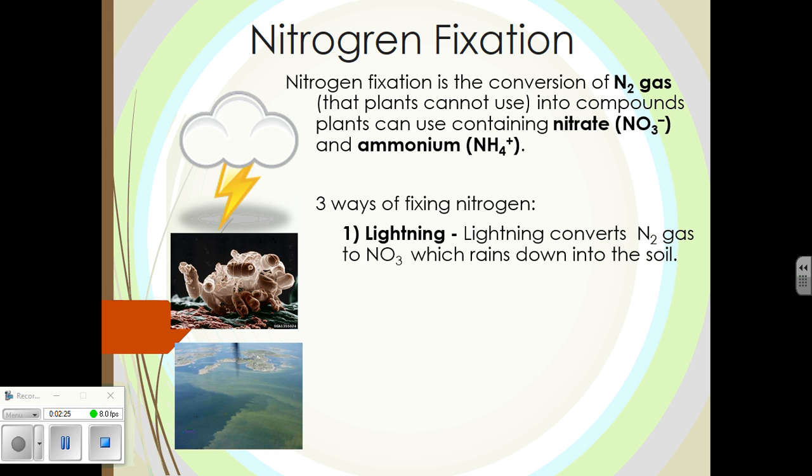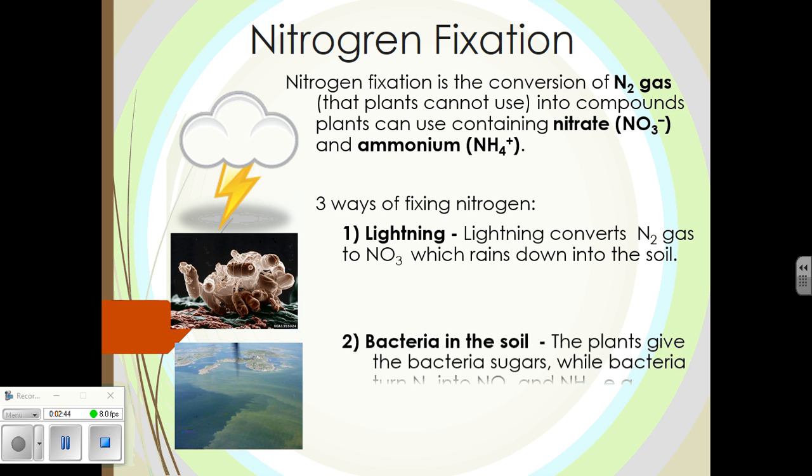One way is lightning. Lightning releases large amounts of electricity into the atmosphere. The nitrogen in the air, and 78% of our air is nitrogen, will react with the oxygen in the air to form nitrates. Nitrate ions rain down with the rain and feed the plants and allow them to grow.